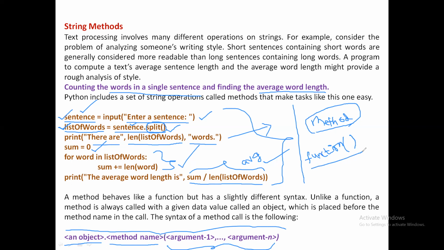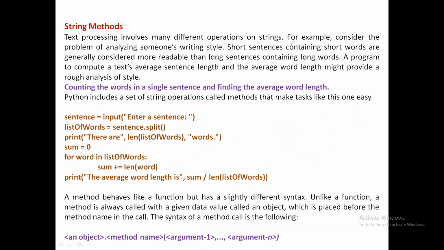Right. Now, we have already seen some functions that can be applied on string objects in our earlier sessions. For example, this len of list of words. Len is a function which is called on string objects. Whereas look at this sentence dot split.